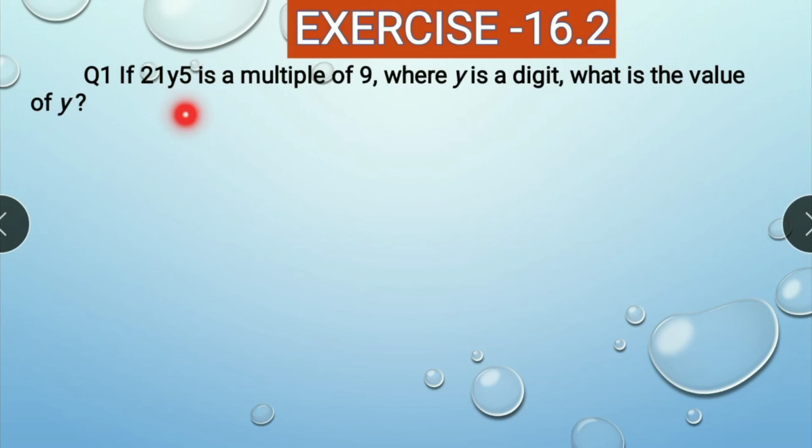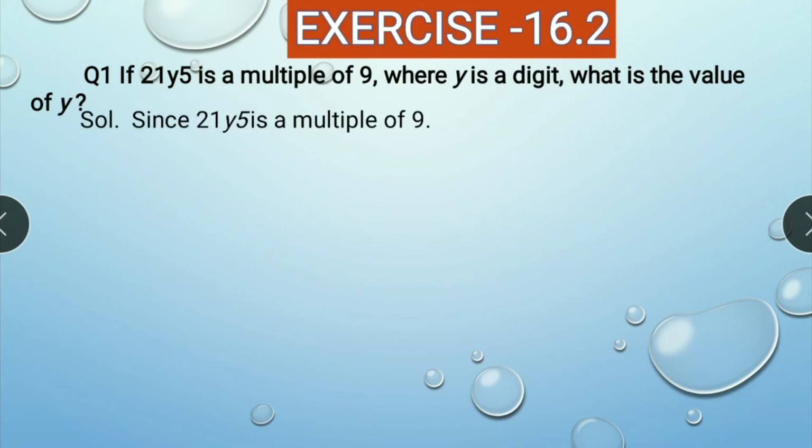And what is y here? In place of y, we have to substitute a digit. Clear? So, we all know the divisibility test of 9. What's that? Yes, the sum of the digits should be a multiple of 9, or the sum of the digits should be divisible by 9.